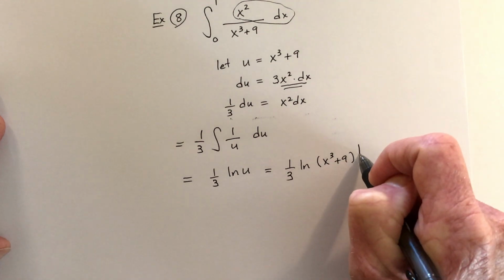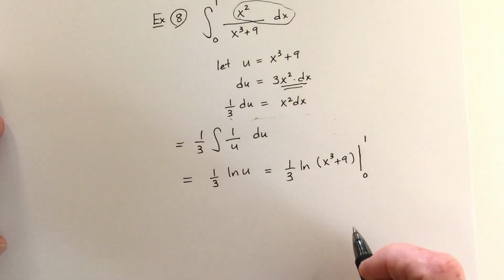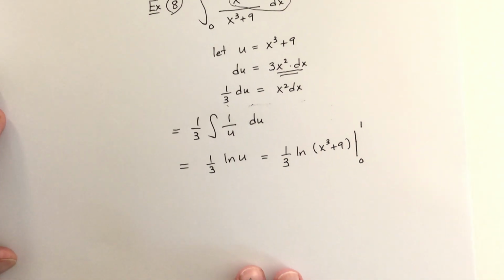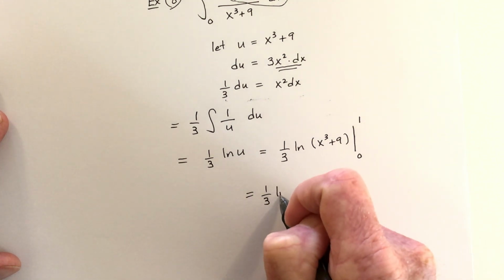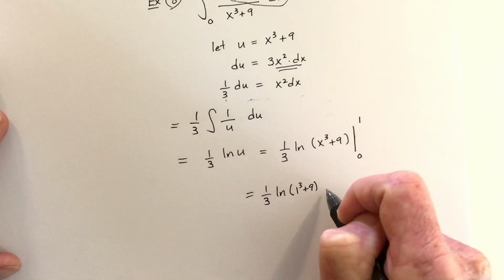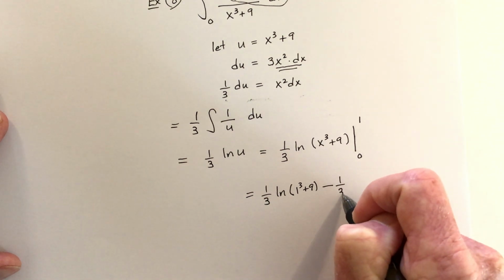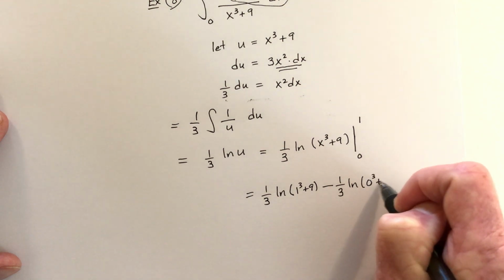And now that the x is back, now I'll put the numbers, evaluate from 0 to 1. So this one is 1/3 natural log, and then 1 gets cubed plus 9, and then minus 1/3 the natural log, and then 0 gets cubed plus 9.